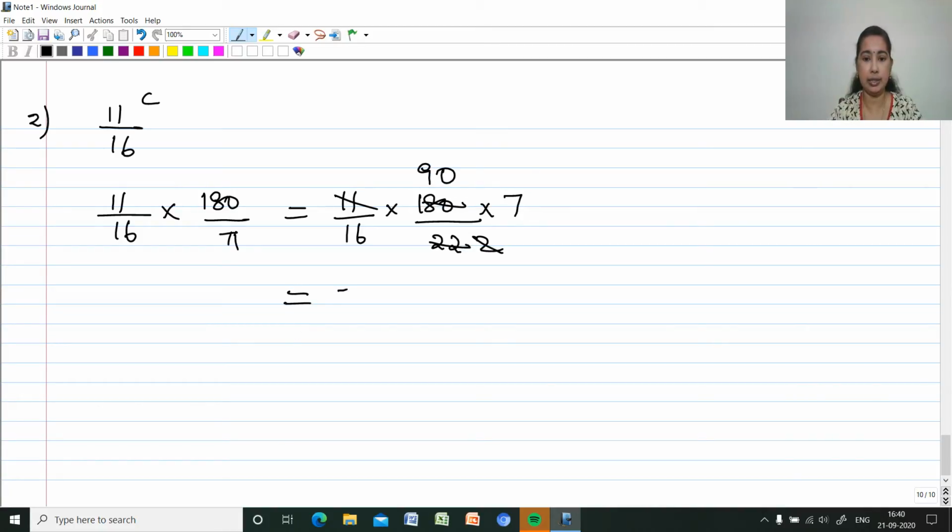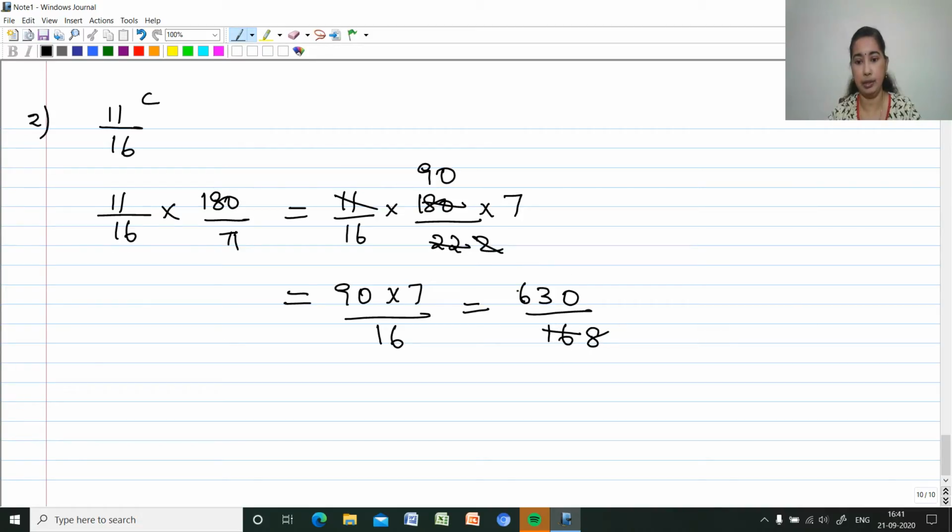So we are getting 90 into 7 by 16, which is the same as 630 by 16. Now 2 is common, so it becomes 315 by 8.